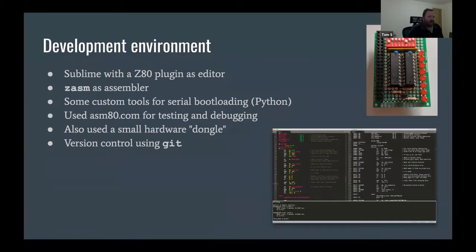And now a little bit of information about the development environment that I was using. I used Sublime, the text editor, with a Z80 plugin, which gives syntax highlighting with nice pretty colors and that sort of thing. This plugin also has a couple of hotkeys associated with it.